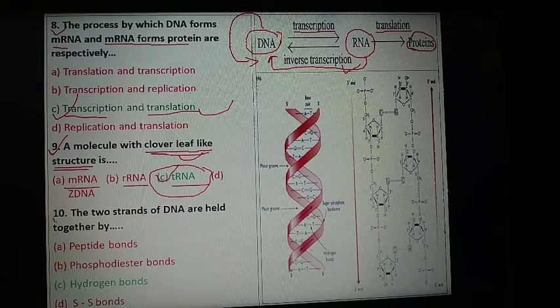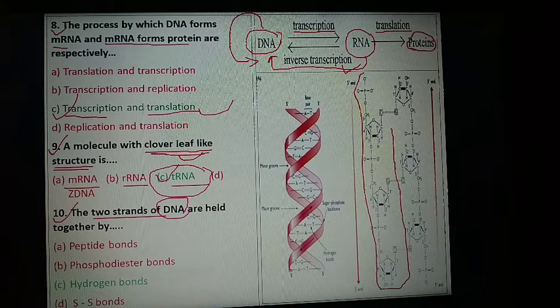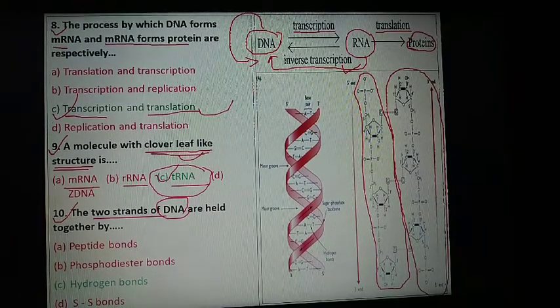Coming to the next question, question number 10. The question is, the two strands of DNA are held together by what? As we know, DNA has two strands, a double stranded structure. Here you can see in the figure nicely that this is one strand of DNA, and here another strand you will find in the opposite direction, 5 prime to 3 prime and 3 prime to 5 prime.